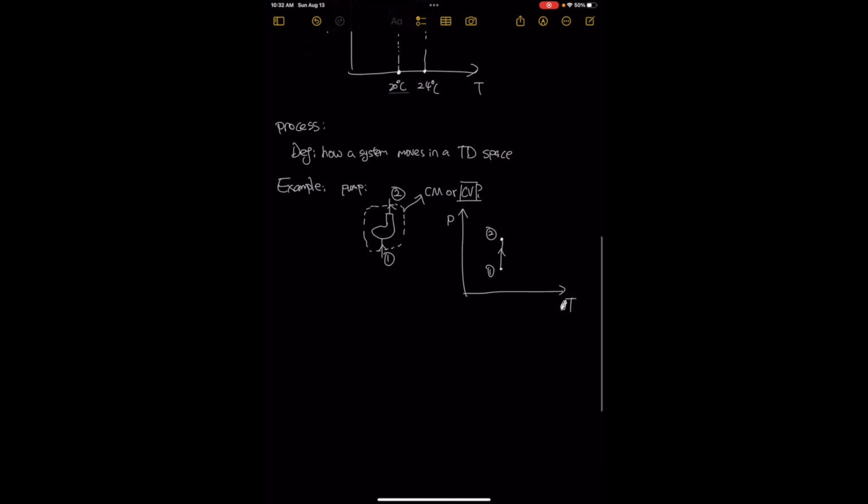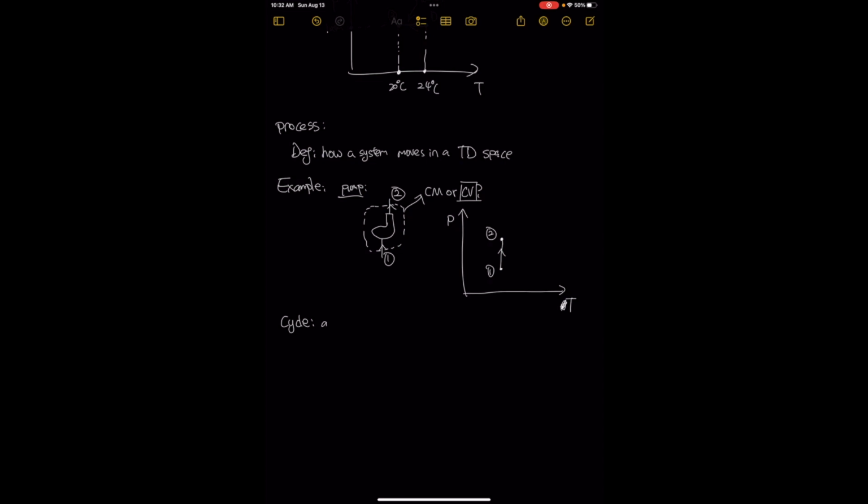So that's a very simple example. Another concept I want to introduce is, what if you have a bunch of these processes? You may eventually make a cycle. So what is a cycle?